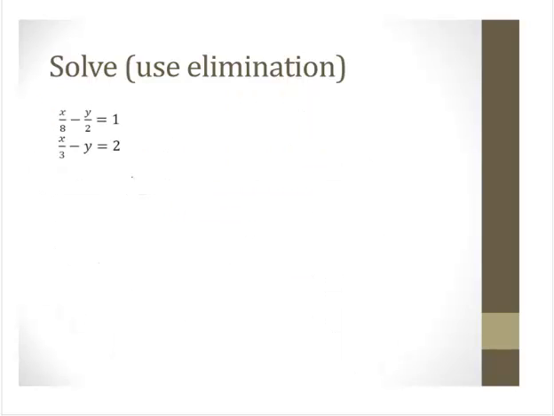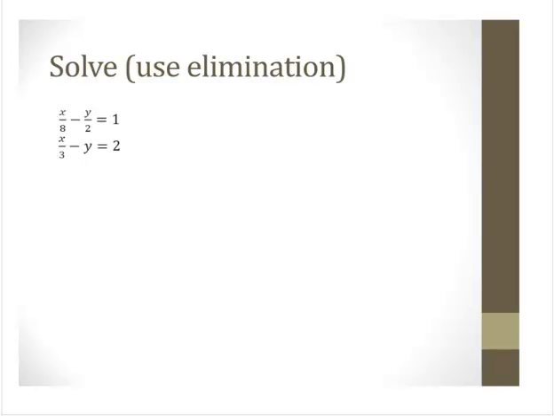Let's see another example using elimination. x over 8 minus y over 2 equals 1, and x over 3 minus y equals 2. Now we could try to use elimination directly, but it gets a little messy when we have these fractional coefficients. So the first thing I'm going to do is multiply to get rid of these denominators.